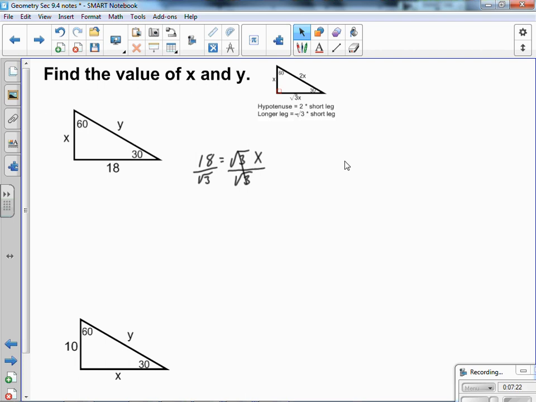We have to get rid of the radical in the denominator. So since it's a square root of 3 in the denominator, we're going to multiply the top and bottom by the square root of 3, which will become 18 square roots of 3 over 3. And 18 divides evenly by 3 to give us 6 square roots of 3 for the short leg.